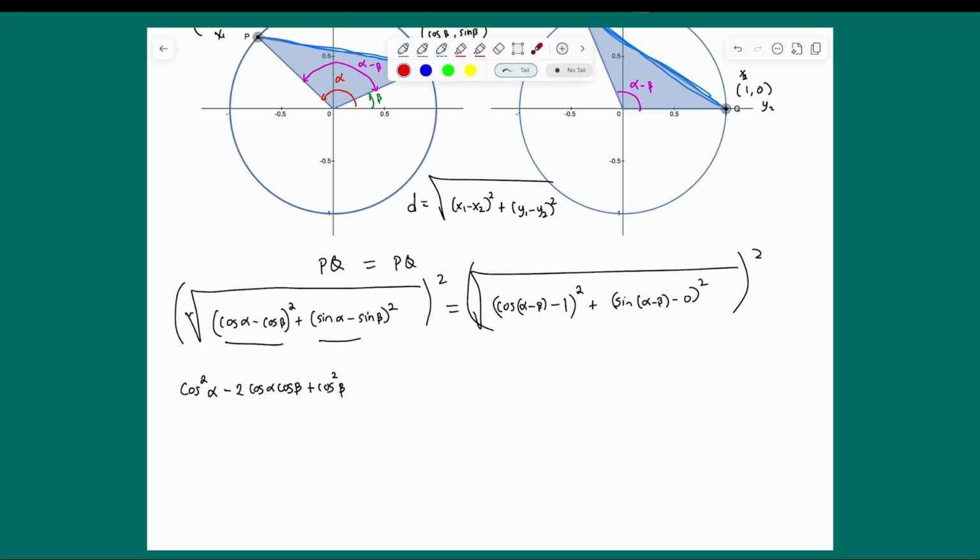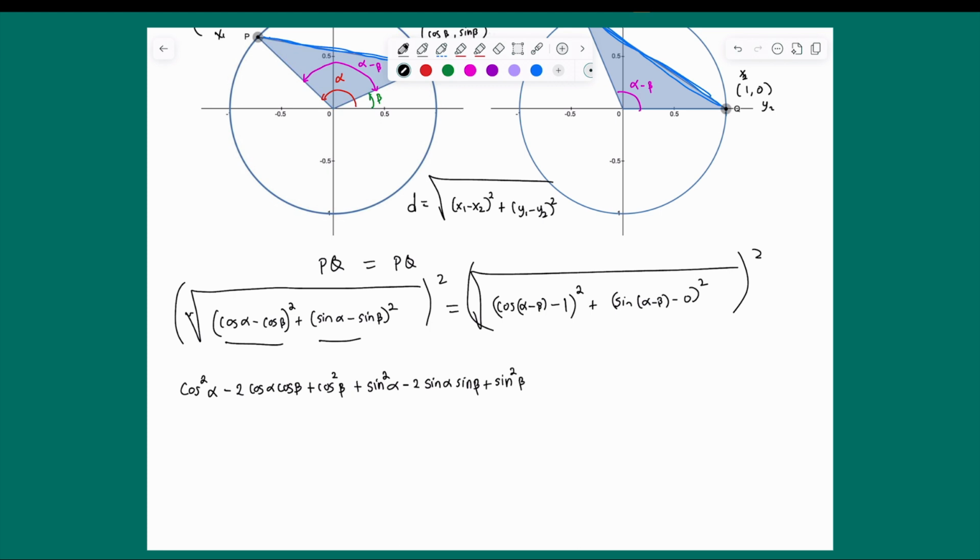Likewise, we would do the same thing for this term here. So doing so, we would get sine squared alpha minus 2 times sine alpha sine beta plus sine squared beta. Okay, so that term would be the sine alpha minus sine beta squared.